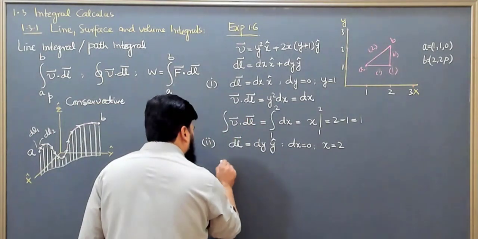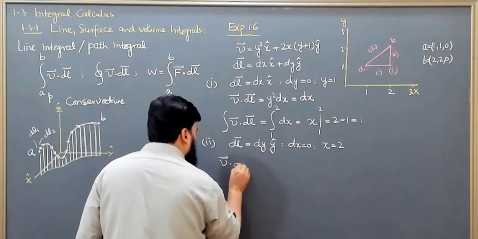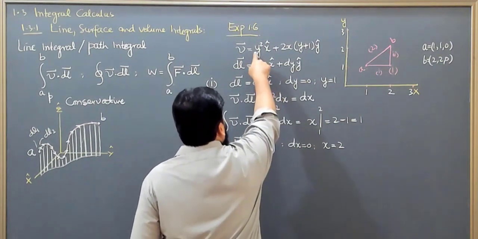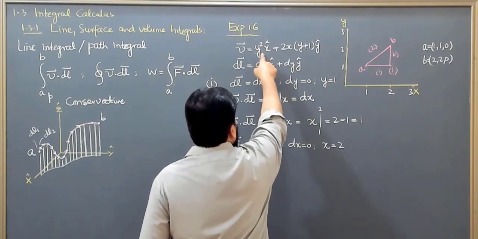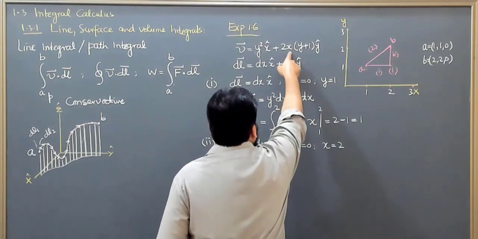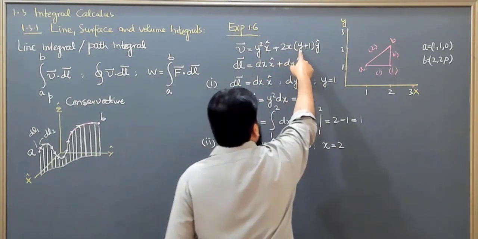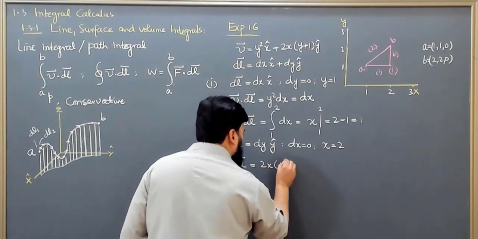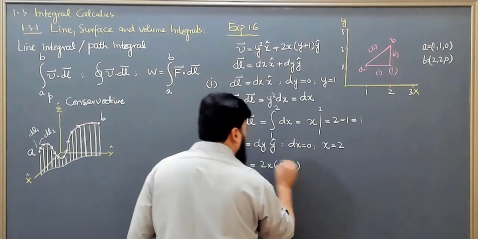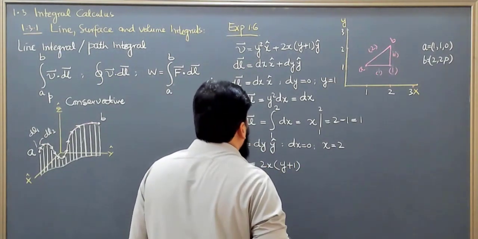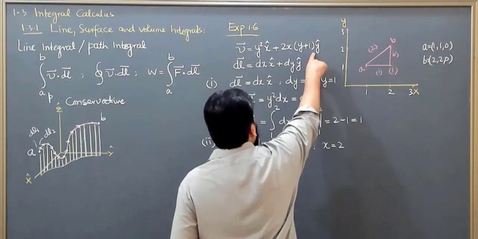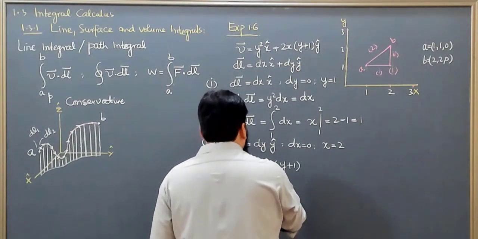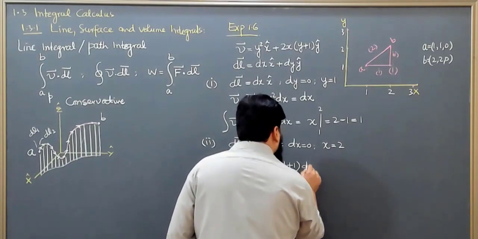So what about v dot dl? v dot dl will be, this is v and dl is just dy in the y direction, so this term is 0 and this term remains, which is 2x into y plus 1. Because y dot y becomes 1 and dy here, this is 2xy dy.